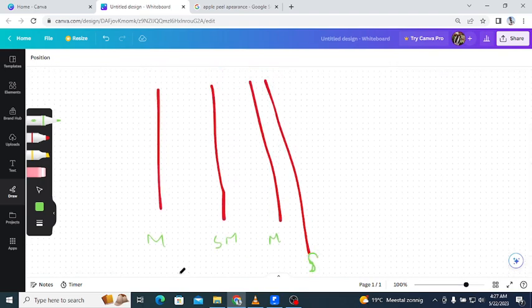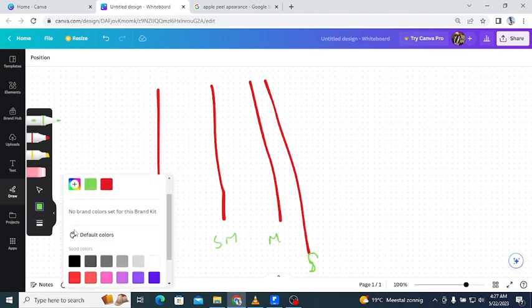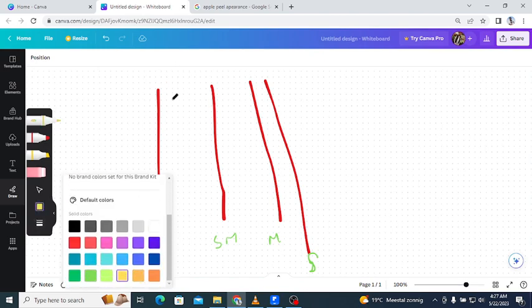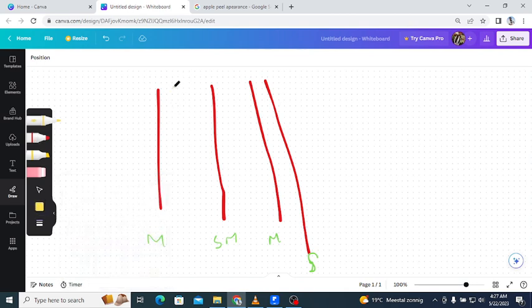The nerve plexus that is present between the mucosa and submucosa is called the submucosal nerve plexus, right? It makes sense because it is present under the mucosa. So this is the submucosal nerve plexus or Meissner's nerve plexus.